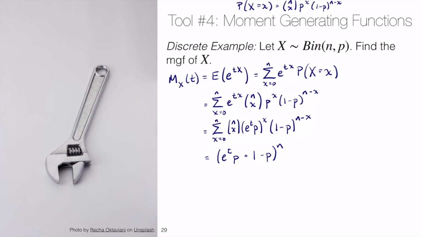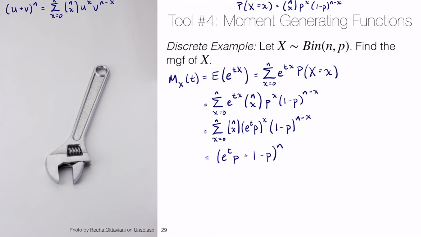This should follow from a theorem that you probably learned in calculus that says if you have u plus v raised to the n, that's equal to the sum from x equals 0 up through n of n choose x, so the n here is the same as the n here, and the x is what you're counting through from 0 up to n, times u to the x times v to the n minus x.